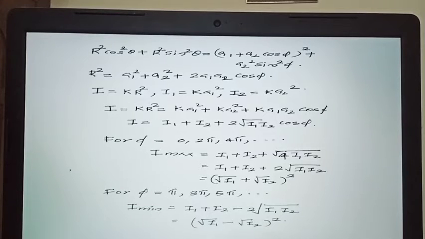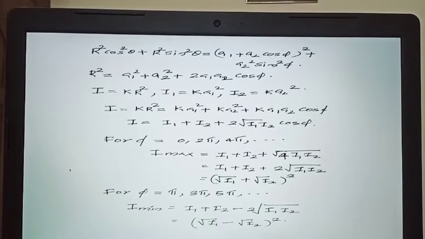So we can find where the resultant amplitude is maximum and where it is minimum, depending upon the value of phi. When phi is equal to 0, 2 pi, 4 pi, that is an even multiple of pi, you get maximum intensity, where I max is equal to (root I1 plus root I2) whole square. For phi equal to pi, 3 pi, 5 pi, that is an odd multiple of pi, you get (root I1 minus root I2) whole square.